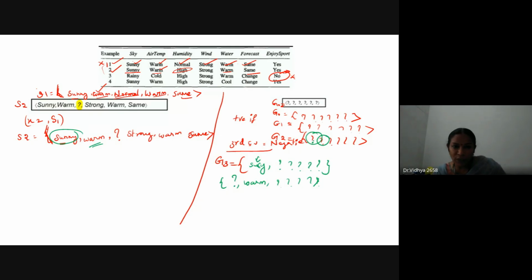Then we move to the third attribute. Here it is a question mark, and similarly in G2 it is a question mark. If both are general, we cannot utilize that case for training the model, because if anything can be identified as a book or pencil or whatever it may be, then the model is not correct and fails at some point.